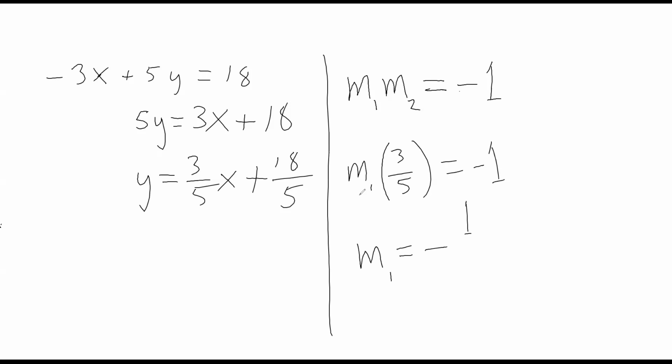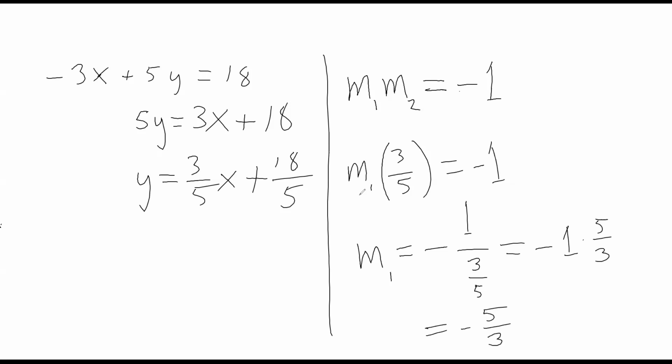If you write it in terms of division, it's helpful to remind us that -1 divided by 3/5 gives us the same result as if we multiply by the reciprocal of 3/5, which is 5/3. So -1 times 5/3. And any way you look at it, we end up at the same result, -5/3.